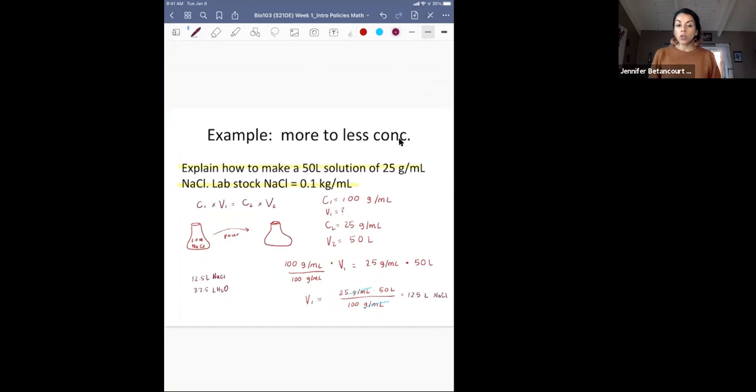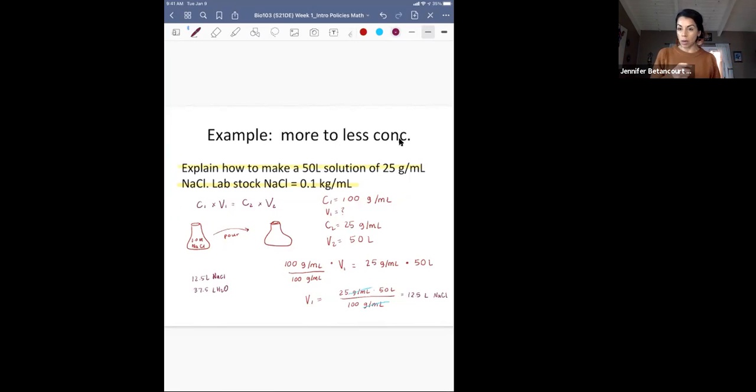Okay, so the first thing that you would need to do is get yourself a big empty Erlenmeyer flask or a big giant beaker, some empty thing, because it has to hold 50 liters, a carboy, whatever. And the first thing that you're going to add is 12.5 liters of 0.1 kilogram per mil NaCl.